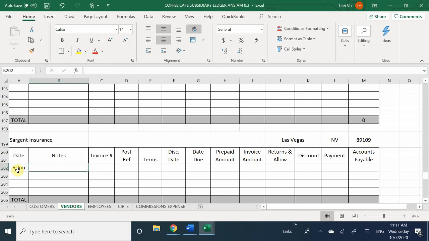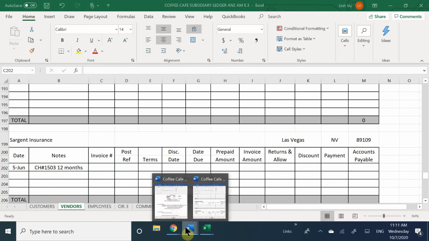Your notes here is going to be whatever you want to place here. So in this case, I'm going to write check number 1503 for 12 months. Do I have an invoice number? In this case, I do not believe so.